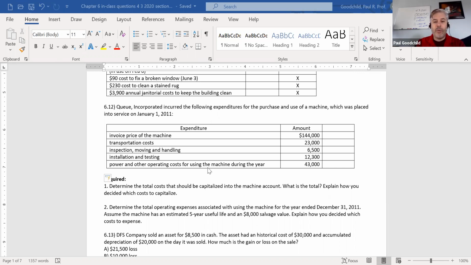Determine the total cost that should be capitalized in the machine account, and give a total. You don't have to explain which costs. Again, put the total in the chat and privately to me.